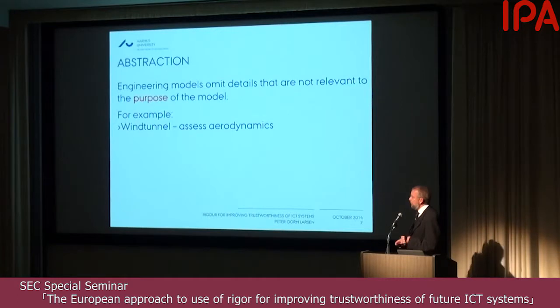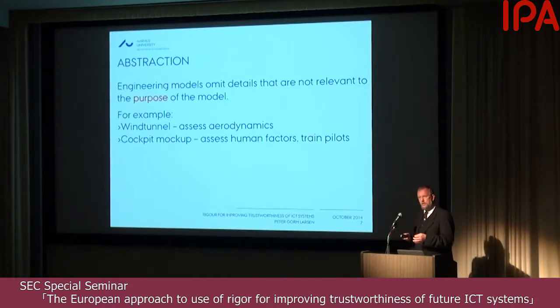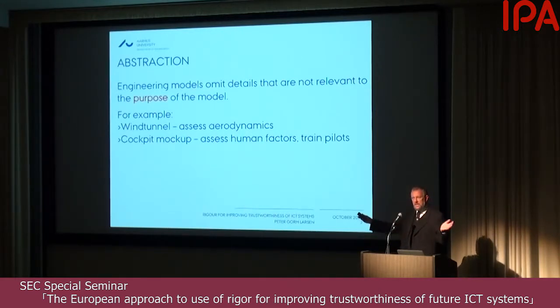So, for example, when we wish to assess the aerodynamics of an aircraft in a wind tunnel, then we don't need to look at what's inside the aircraft. If we have a cockpit mock-up, as we saw before, and we wish to assess the human factors and to train pilots, then we don't need to see the entire aircraft. We only need to see what the pilot is trying to do, and we want to assess how he's behaving.